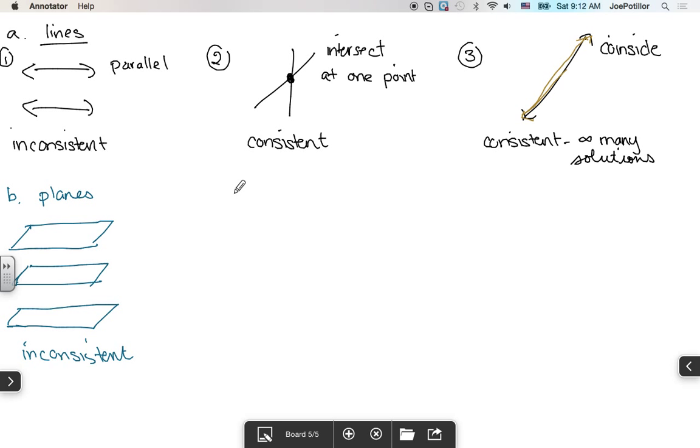The planes can be skewed. They don't have to intersect. The planes can be skewed, meaning it's also inconsistent. Showing that it goes under, not it's going underneath. This is also inconsistent.